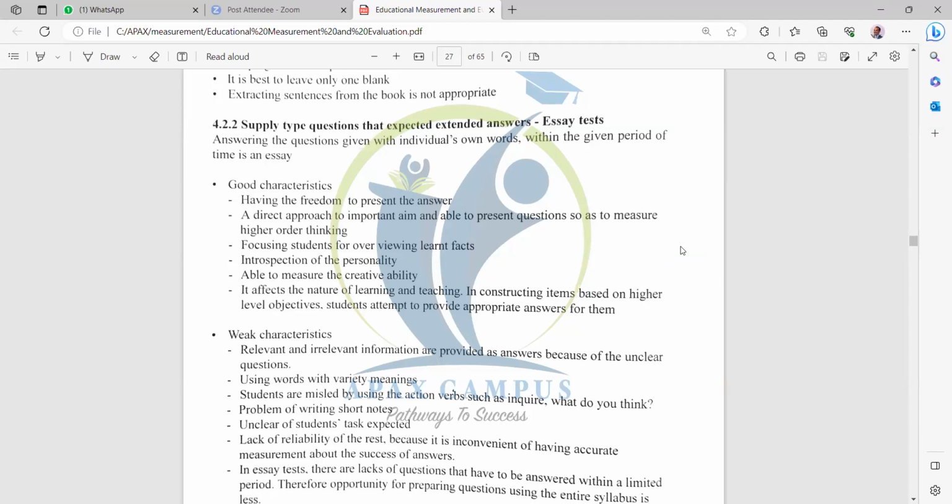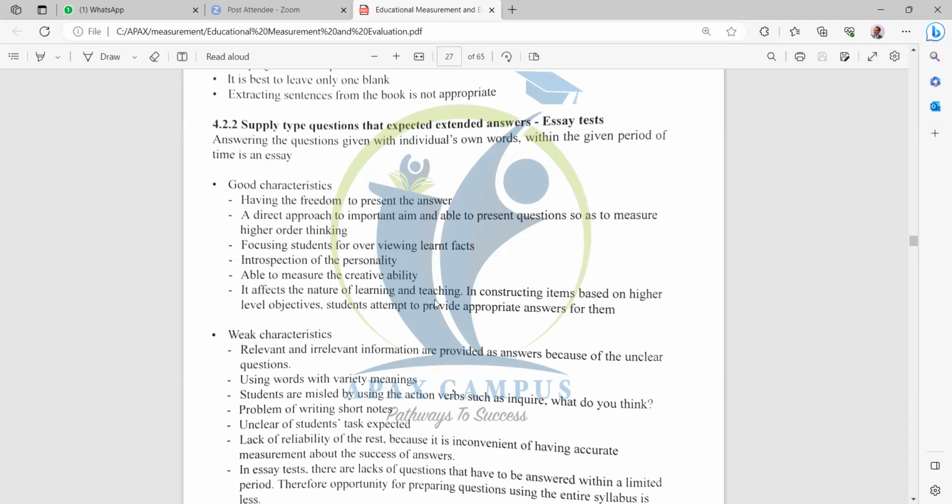This effect on the nature of learning may vary. There can be a very high effect in some places, or there can be just a small effect on it.